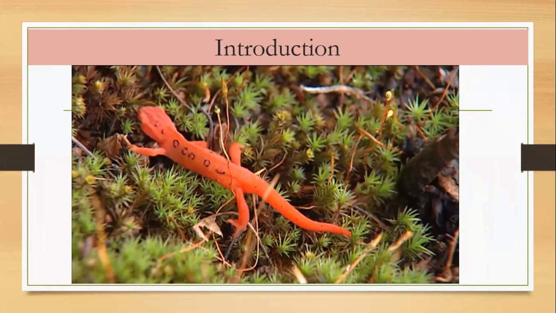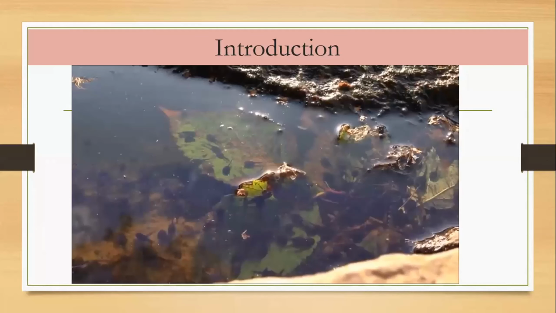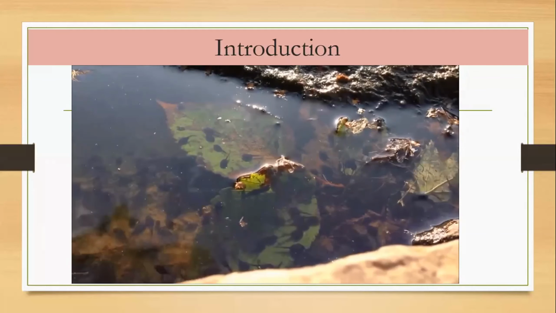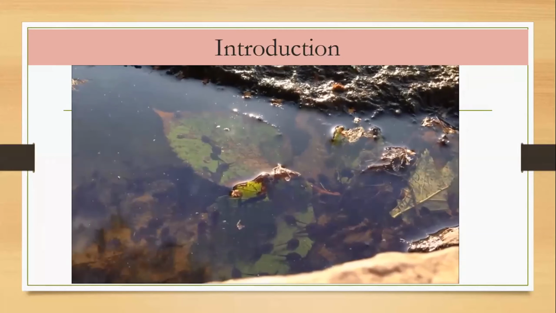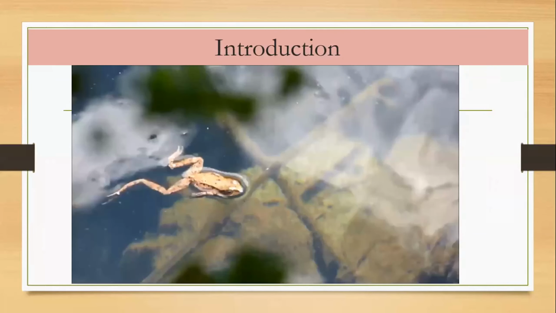Amphibians lay their delicate jelly-covered eggs in the water. When the eggs hatch, the young may not look much like their parents because some amphibians must go through metamorphosis, or a big change. Amphibians are the only vertebrates that undergo metamorphosis.